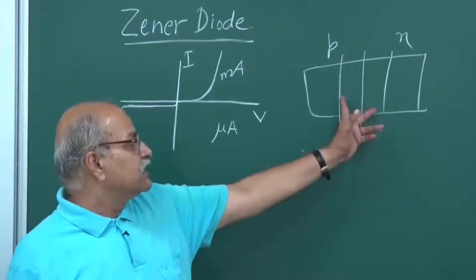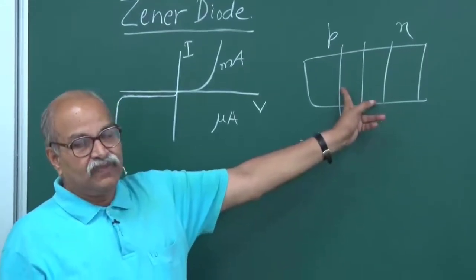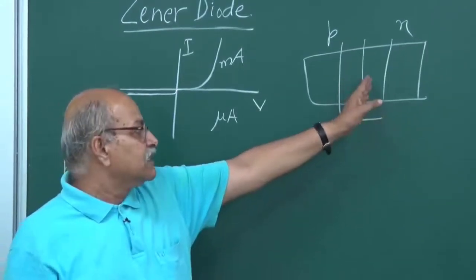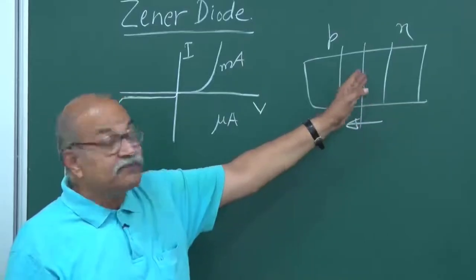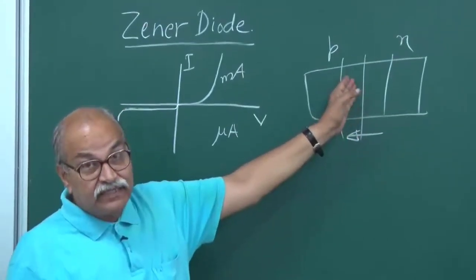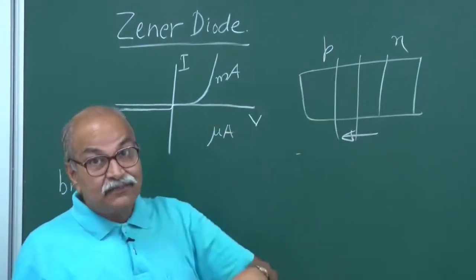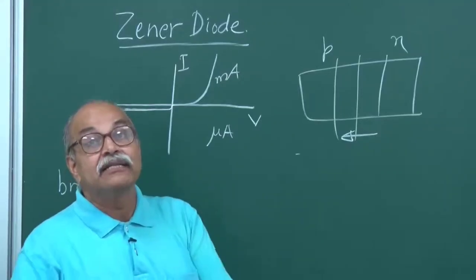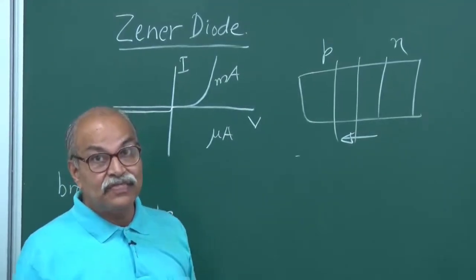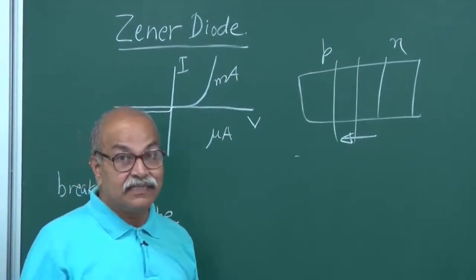If the region is wide enough and the electric field is able to impart enough energy to the charge carriers, they collide with the atoms and break the bonds, so that new electron-hole pairs are created.